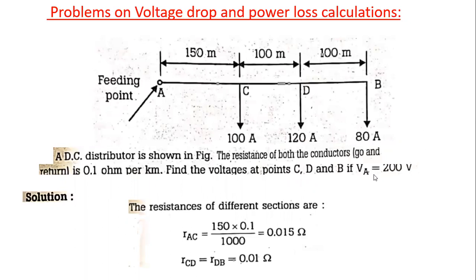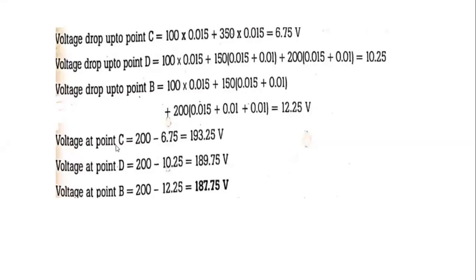VC is equal to VA, which is 200, minus the voltage drop across point C. So 200 minus 6.75. Similarly, we calculate the voltage at point D.